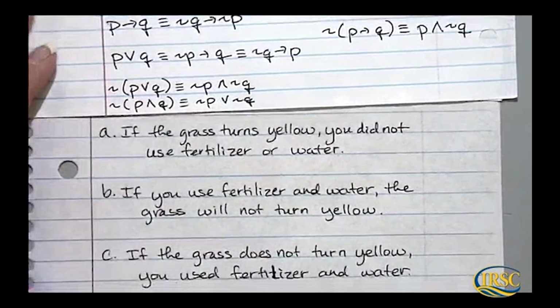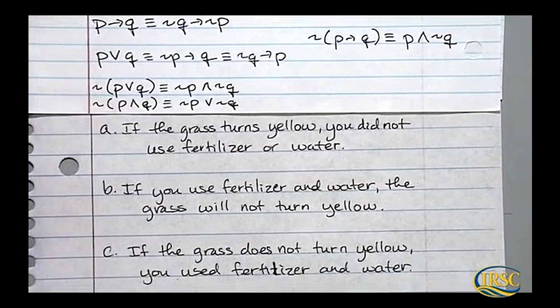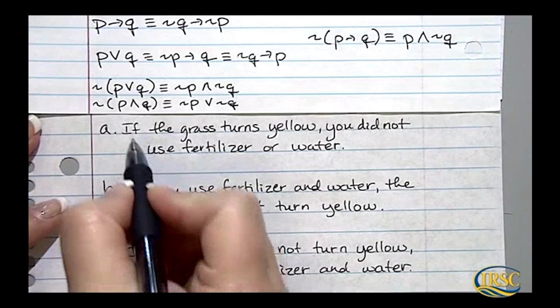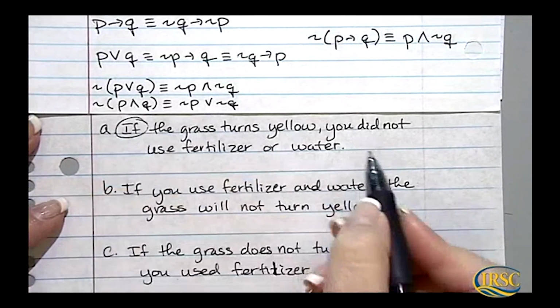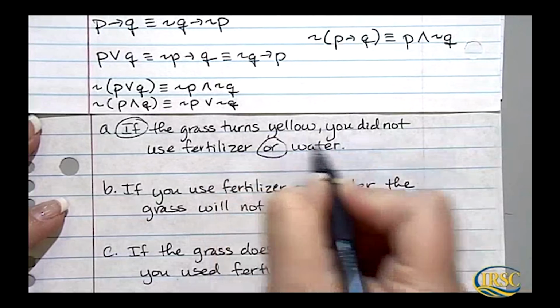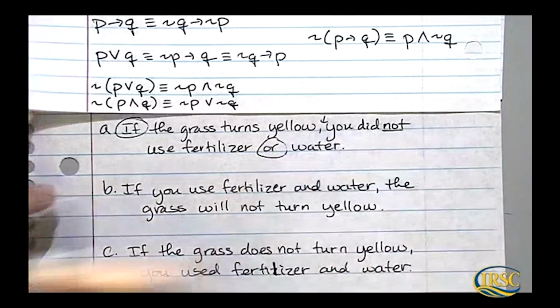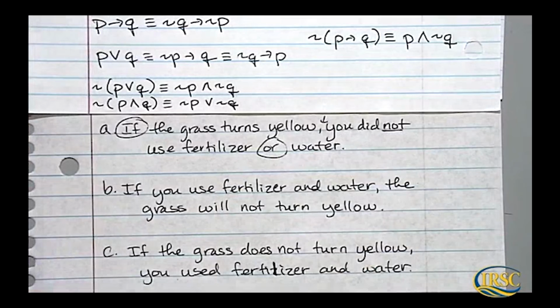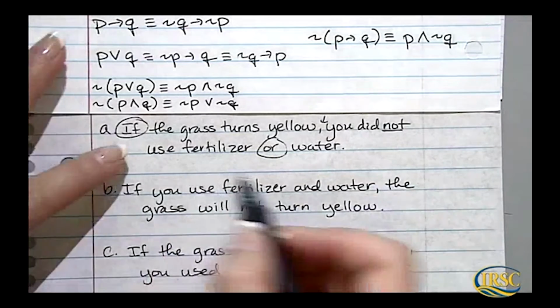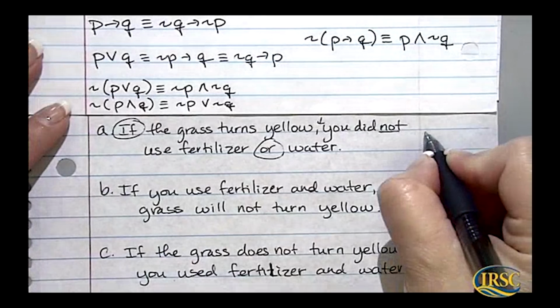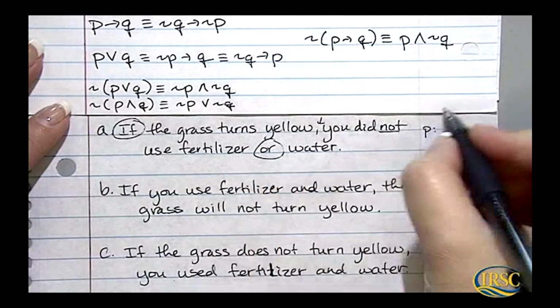So if we take a look, for me it helps to translate these symbolically first because most likely on your note card you're going to have these things in symbolic form. So for the first one, the key words we have are if, or, and then we also have a not and a comma. Good. Okay, so our simple statements here, P can stand for the grass turns yellow.